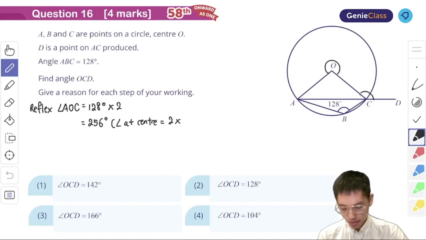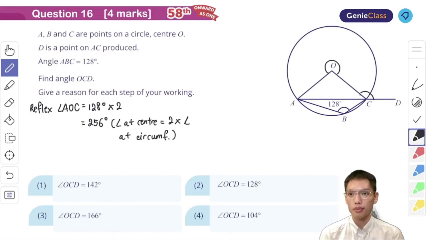As I write my working, I hope you all can identify where my marks are coming from.